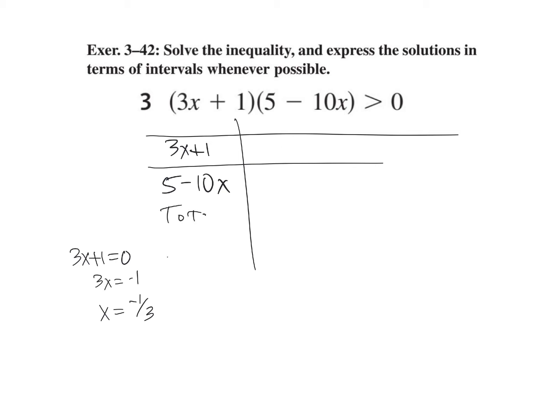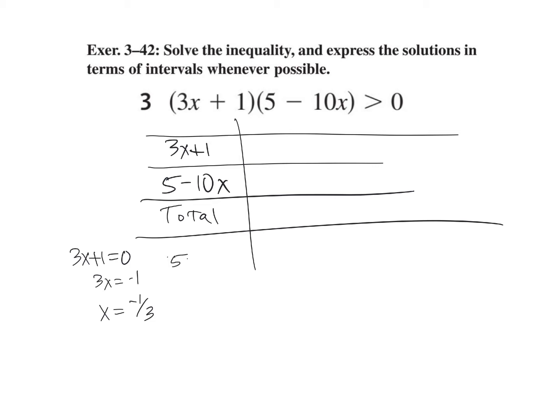What about the other one? Let's put total here as well. All right, so now what is 5 minus 10x equal to 0? So we subtract 5, and again, don't forget your minus sign, that's negative 10x. Divide off the negative 10, and we get positive 1/2. Negative 5 over a negative 10 is positive. All right, so those are our two possible numbers.